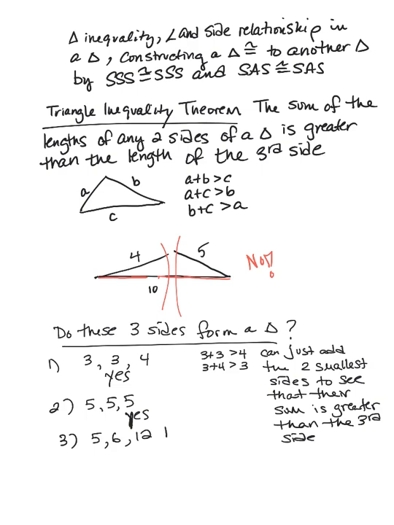No would be the answer, because 5 plus 6 is not greater than 12. It has to be greater. How about 8, 8, 16? That seems like that could be a nice isosceles triangle, right? No, because 8 plus 8 is not greater than 16. It's equal to it. It has to be strictly greater. So keep that in mind.